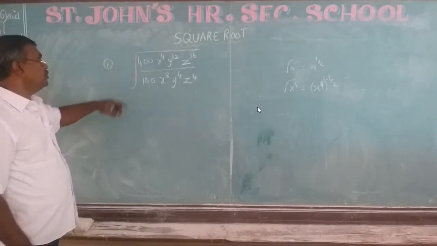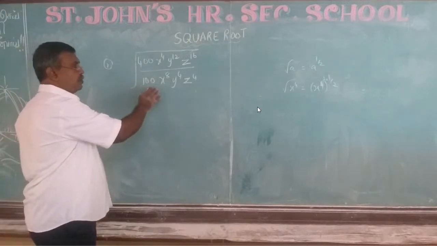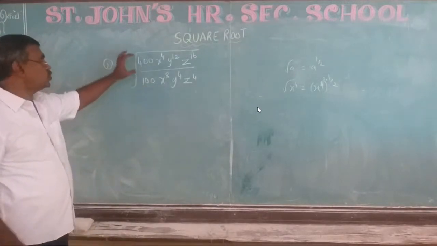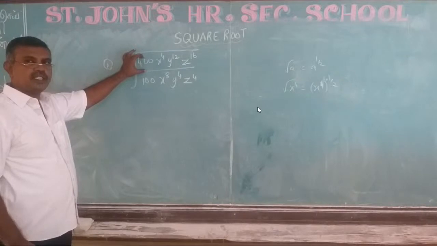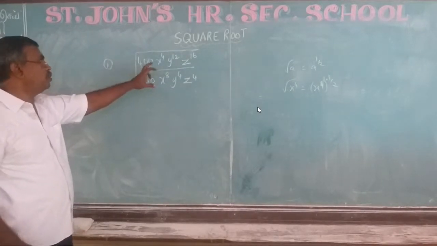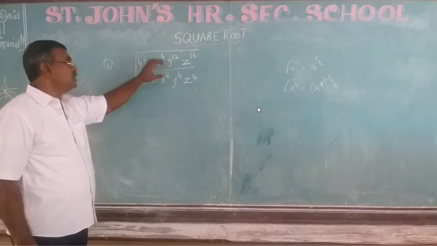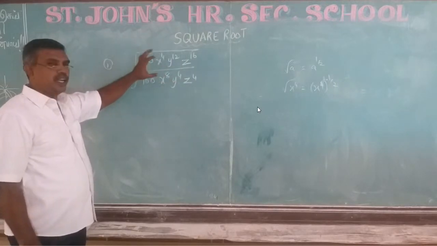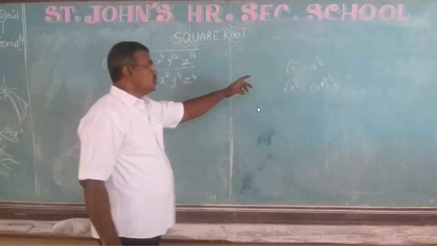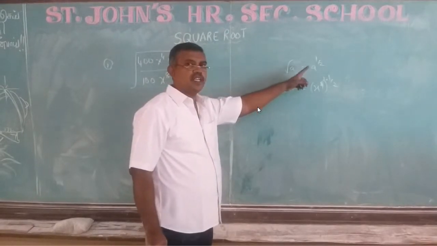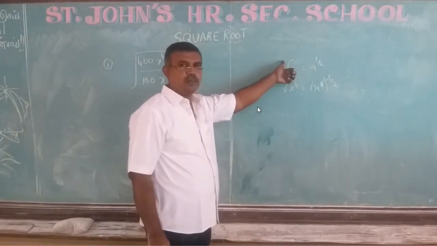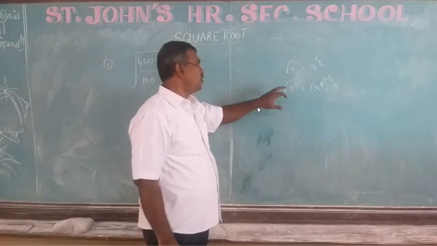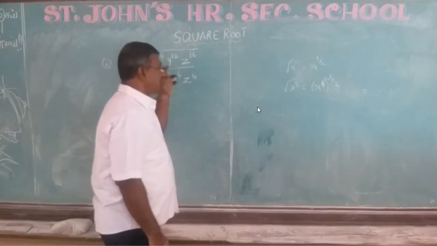Let's see the problem. We can find the square root. The numbers we can easily find. But the variables x, y, z. For x power 4, already I told you, square root of a is equal to a power half. Square root means half power. Therefore, we take one variable.